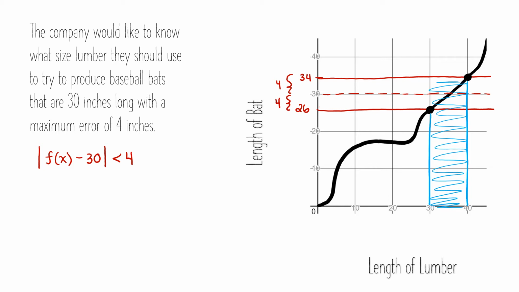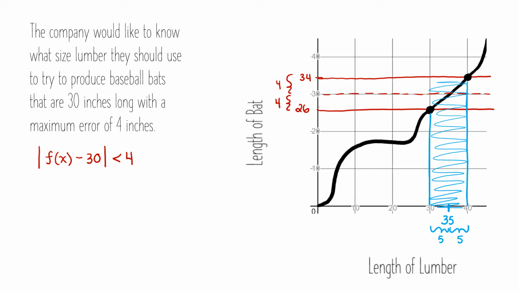And we want a good way to describe that band, so we'll find the center. So halfway between 30 and 40 is 35, and the distance between 30 and 35 is 5, and between 35 and 40 is also 5.